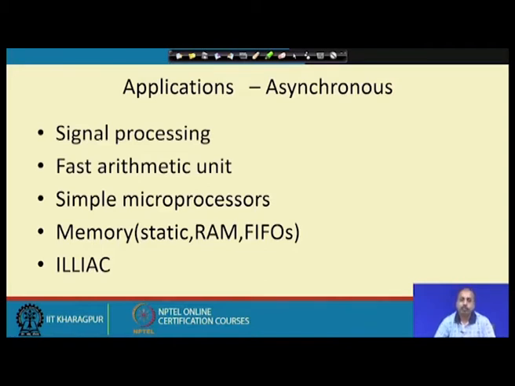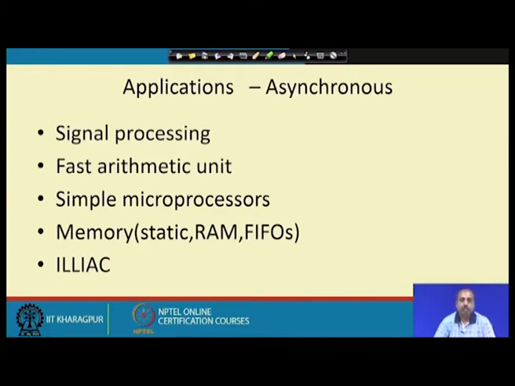Then the delay of the slowest module determines the maximum clock frequency that I can have for the system. Whereas if all these systems are asynchronous in nature, they can operate at their own speed, and we may get a faster system. Maybe you can design an arithmetic unit which is much faster than the registers and everything else in the system, so you get a fast arithmetic unit.